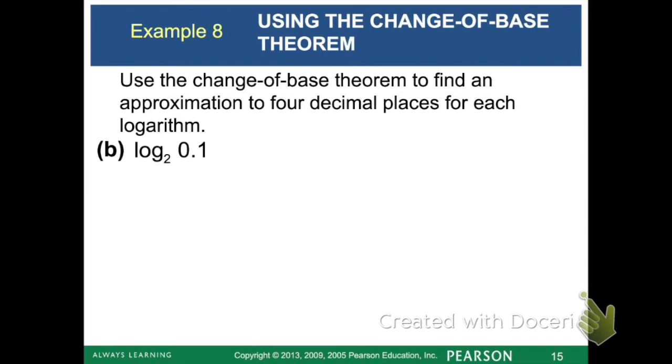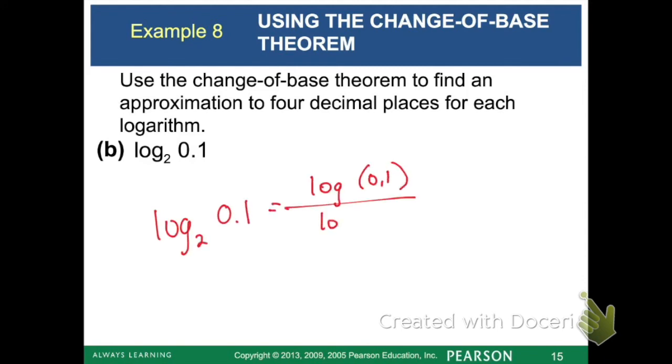Example 8, part B. So again, we can't put log base 2 in our calculator, so we're going to use the change of base formula. So we're going to rewrite this as log of 0.1 on the top divided by log of 2. Both of these are base 10, so I can now use my calculator.